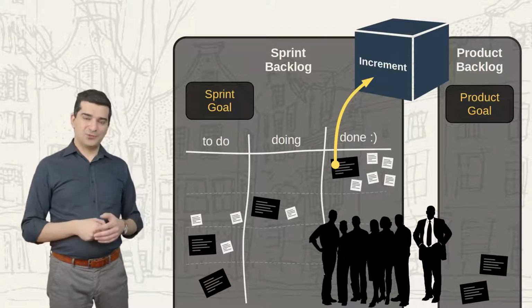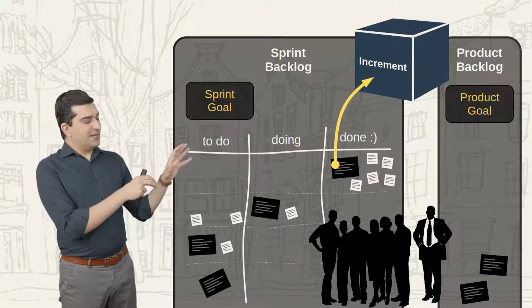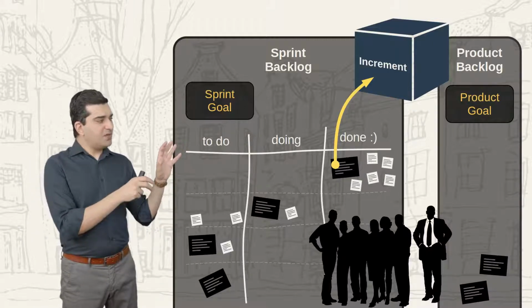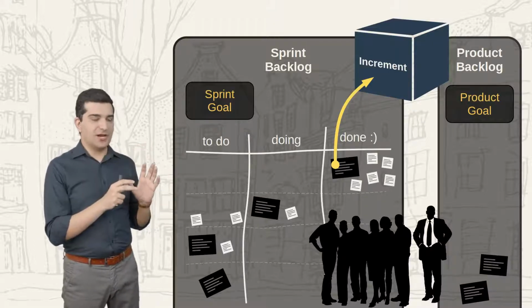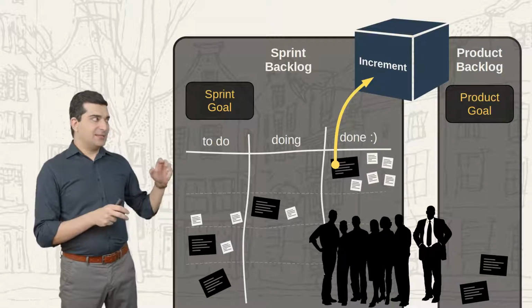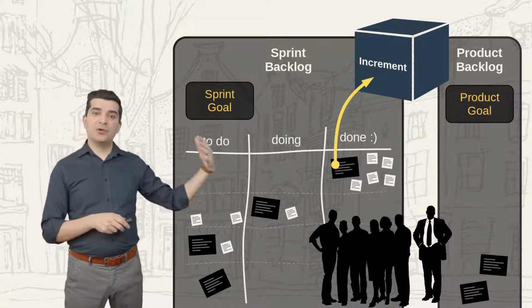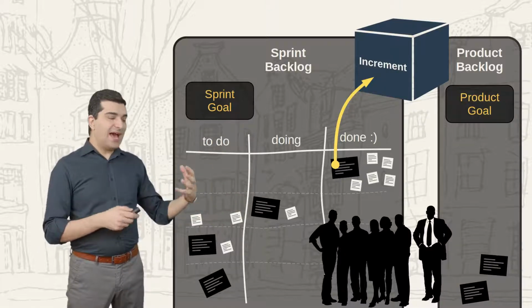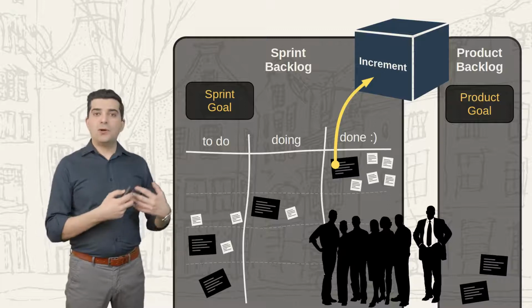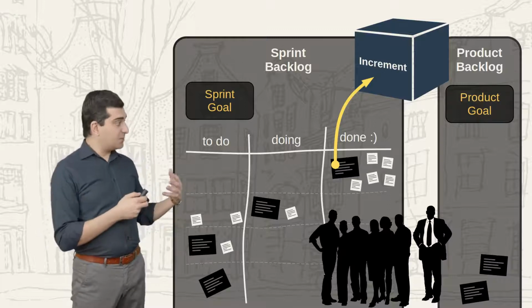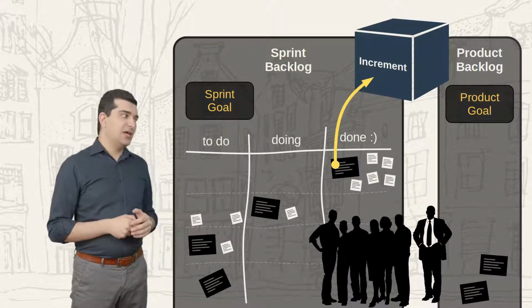That's simpler, that's shorter. Now, when you put something there, there are two main reasons here to have a very special consideration. One reason is that we want to show that increment to our customer, to our end users, and so on, and receive feedback. That feedback is very helpful because it can show us the way forward. It can tell us what to do with our product backlog and what to create in the next sprints.